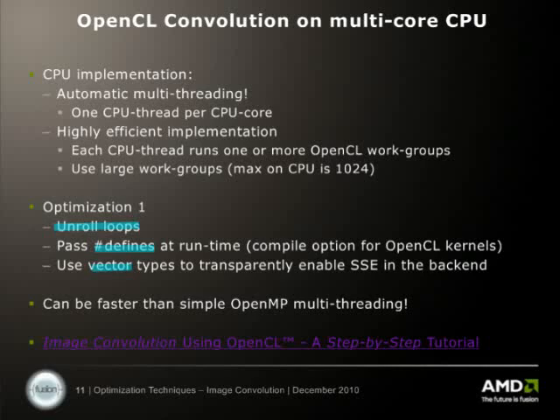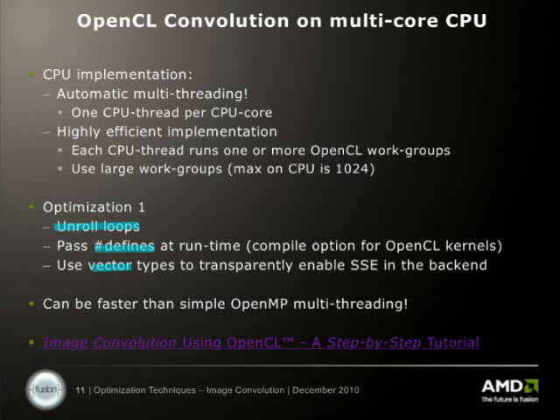Because otherwise, sometimes if you just write a for loop in GCC or in Visual C++, quite often it does not do auto-vectorization, and it does not spit out SSE instructions in the backend, right? So these are the three very quick things that you can do for optimization on the CPU.